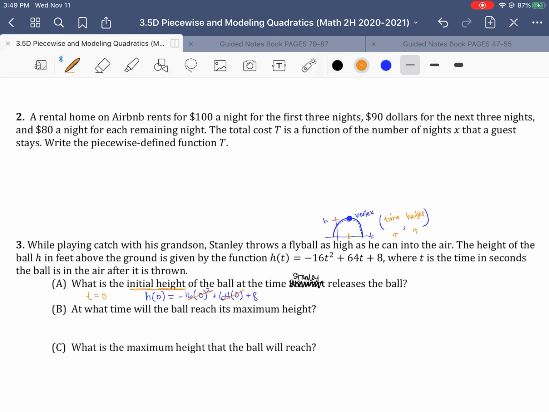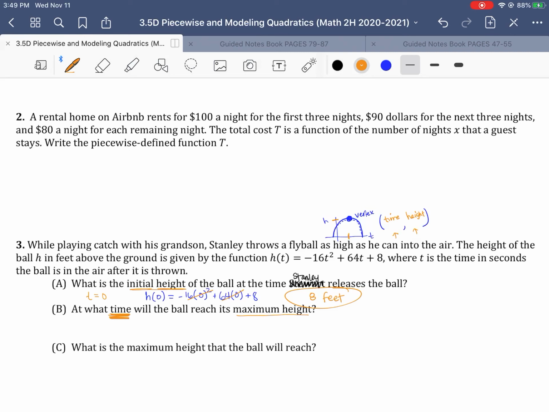So it's that y-intercept, 8 feet in the air. So he's launching that with his arm, reaching up, releasing it where the ball is 8 feet above the ground.